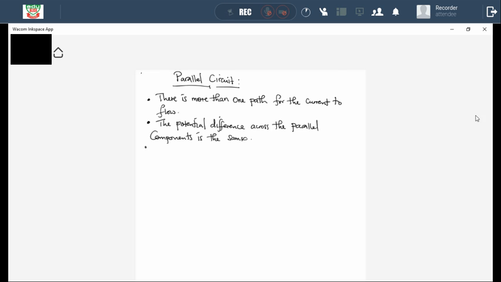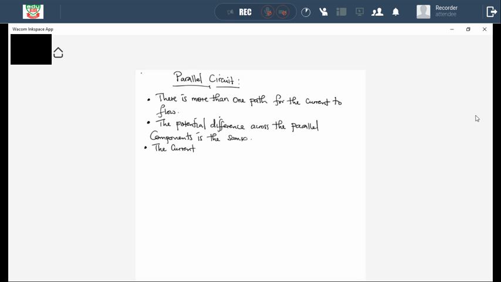Then another bullet, another point that we need to note. I've already highlighted that there is more than one path for the current to flow. So in other words, the current divides. I think I need to take note of that. The current does not just divide haphazardly.